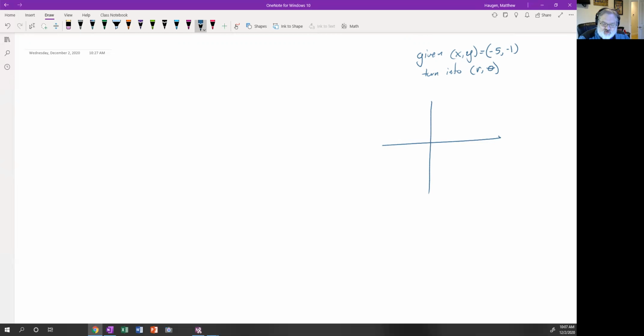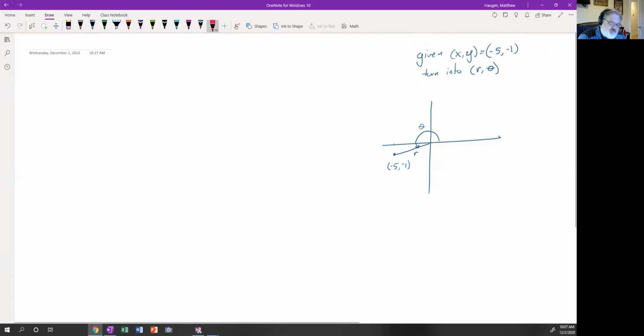So xy would be back 5 and down 1. So our Cartesian coordinate is (-5, -1), right? And we're trying to replace that with an r theta. Well, that means we want to know this distance r and essentially that angle theta, right?